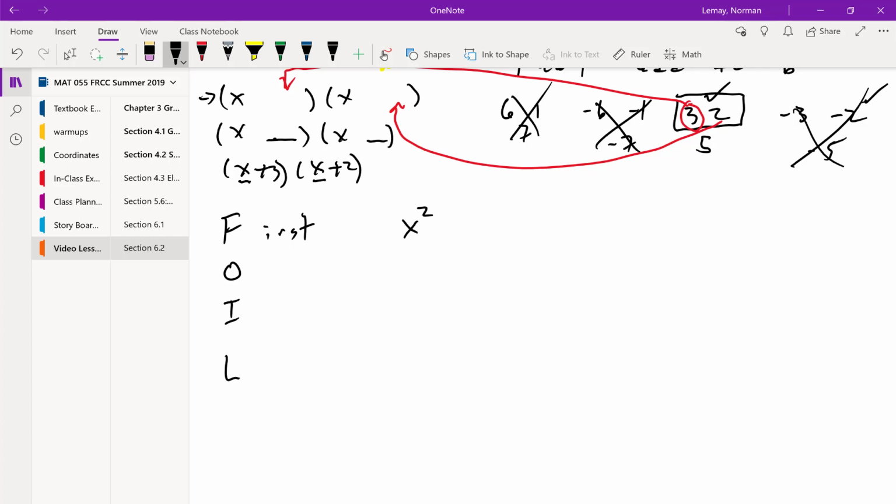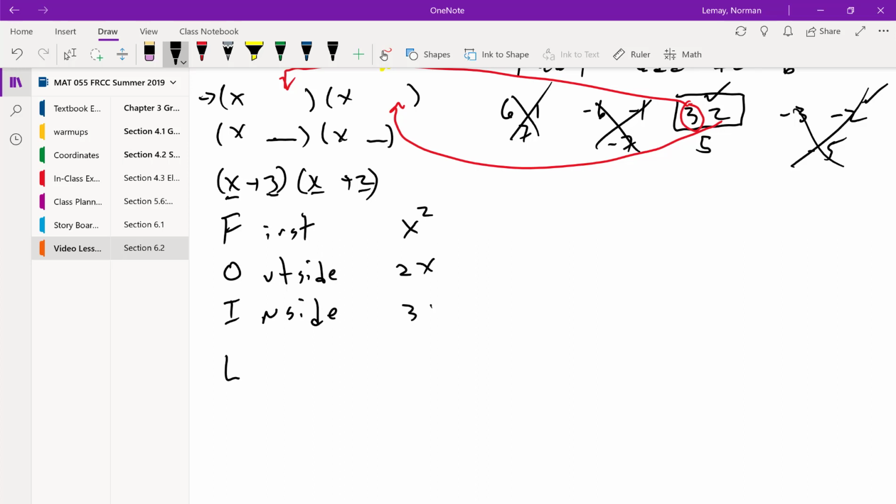And then the O is for the outside. The outside is the x and the 2, so we get 2x. The inside is the 3 and the x, so we get 3x.